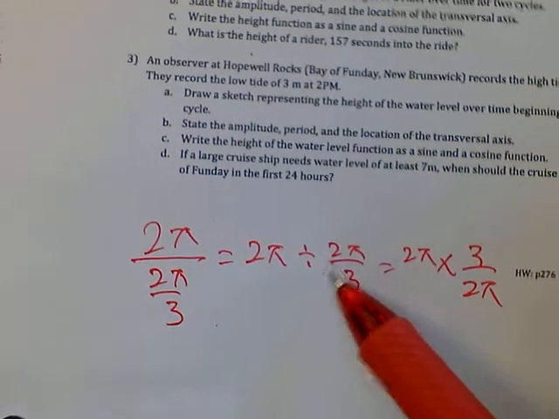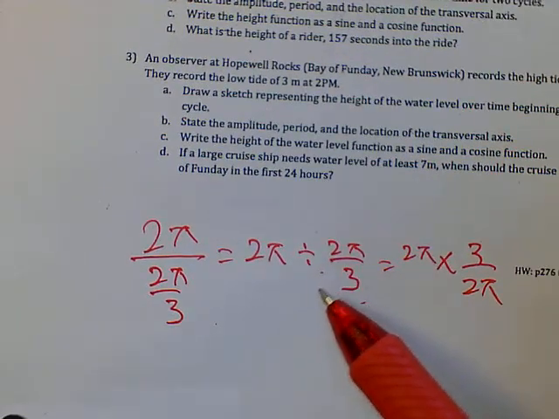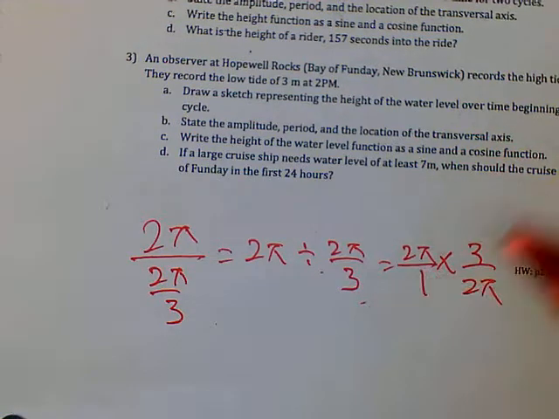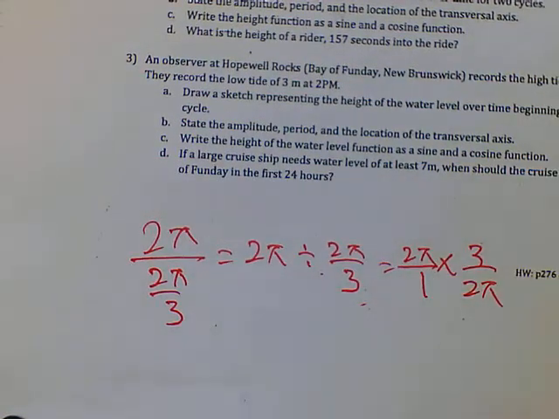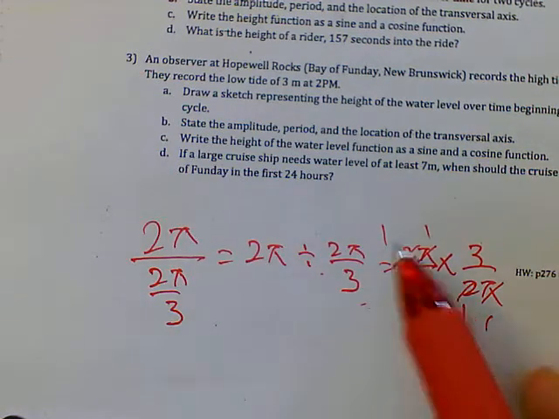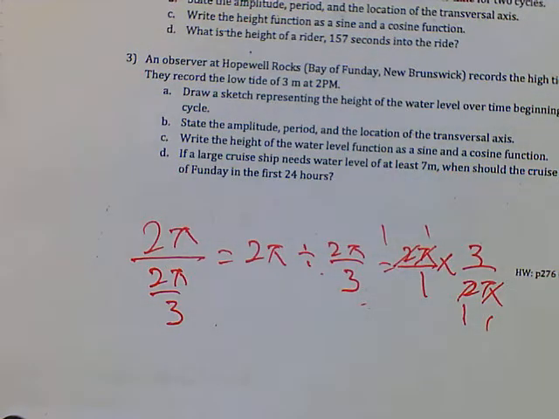What we're doing is dividing a fraction. And when you divide a fraction, it's like multiplying the reciprocal. And when you do that, the numerator and denominator can reduce. They can divide into 1. So 2 divided by 2 is 1, and pi divided by pi is 1. All that's left is 3. No, it could be anything. This could be 2 pi over 1 million. Right? You're dividing by a fraction, so you're multiplying the reciprocal.